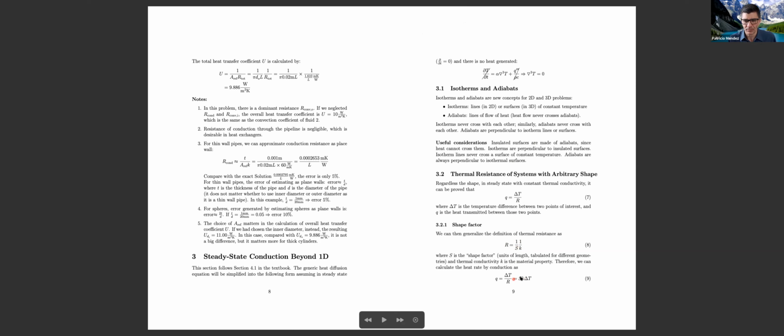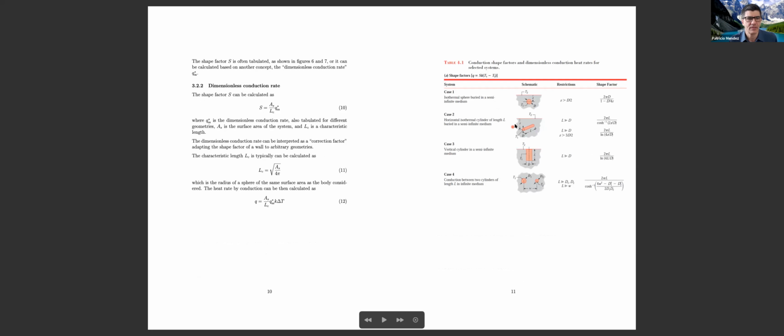So you can calculate a shape factor for a cylinder or a plane wall or a sphere, but we already did. So although we can calculate the shape factor, it's not as useful as when we calculate very complex geometries, such as these ones that we have here. For example, when I mentioned the case of something that would resemble SAG-D.